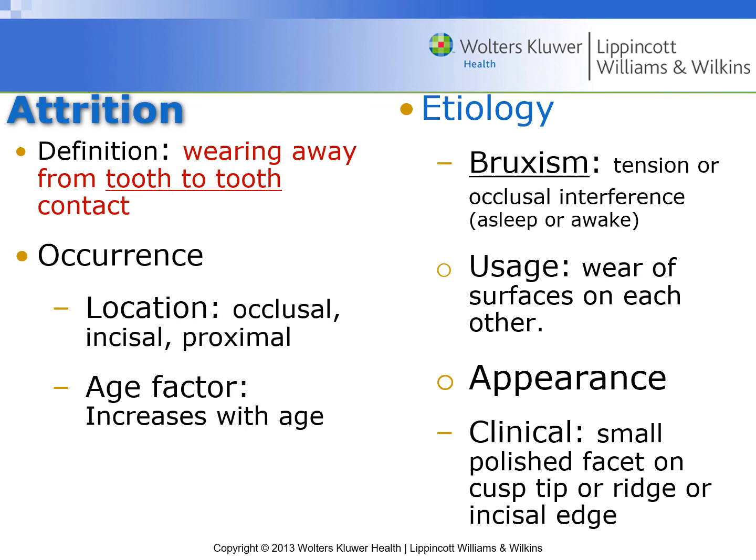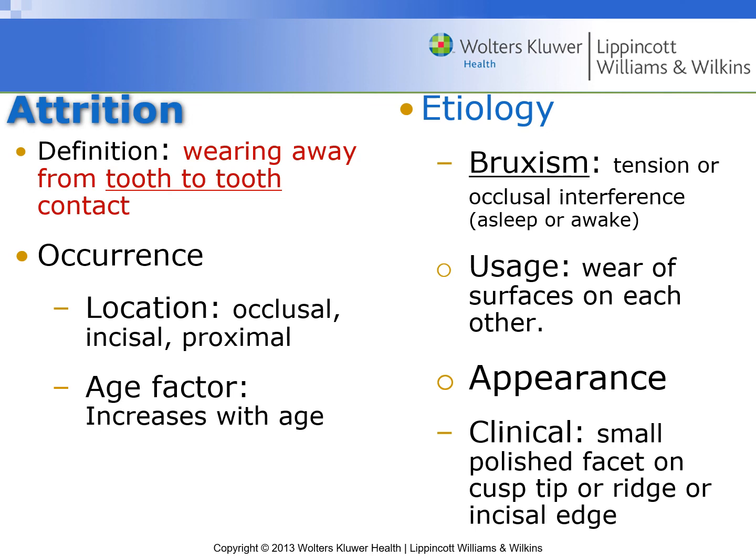So attrition has another, more serious form, which is bruxism. Bruxism is a type of attrition. You can have a sleep or an awake bruxism. This is where the person has a lot of tension on the occlusal surface.